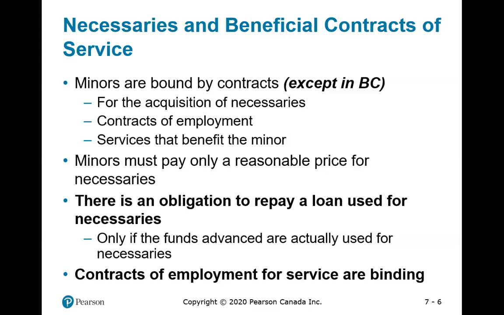So in a similar situation, now that you learned that minors are not bound by contracts in general, except student loan and contracts of employment, in a similar situation, selling a smartphone to a minor, what would you do to avoid your risks of not being paid? Require ID?